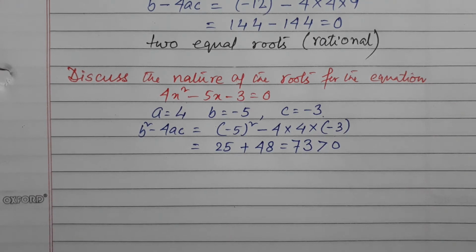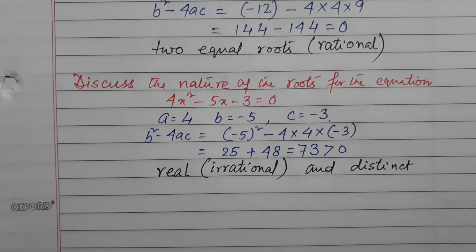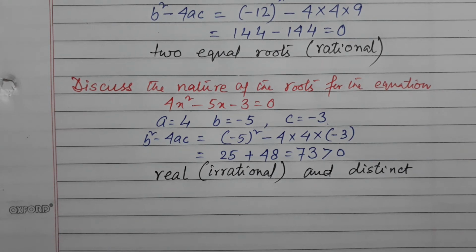So therefore, the roots are real, or I must say irrational and distinct. Here b square minus 4ac is coming 73, which is not a perfect square. And also we can see a, b and c are rational numbers. So therefore, we can conclude that roots are irrational and distinct. But if you write real and distinct, then also no problem.